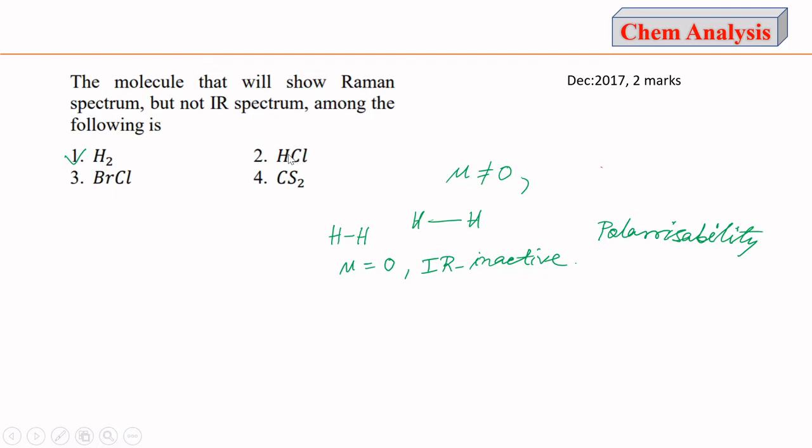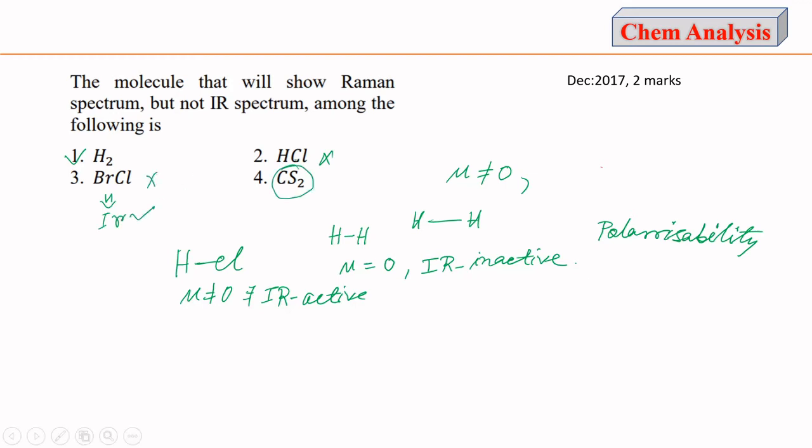For the second case we can clearly see that there is a dipole moment within the molecule, so it will be IR active, but we have to identify the IR inactive molecule. So this is not correct. And for the third case also, it is IR active, so it is also not correct.